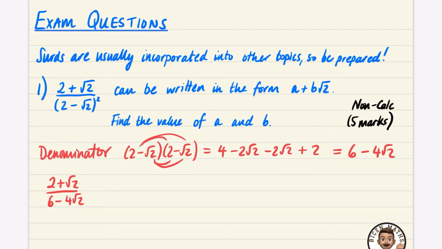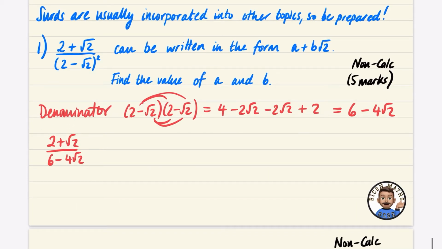And now we need to write it in this form that we've got. This is now when we can rationalize the denominator. So I'm going to put all of these brackets around, and just like the previous video, I'm going to multiply by the conjugate. So I'm going to do 6 plus 4 root 2 and a 6 plus 4 root 2.